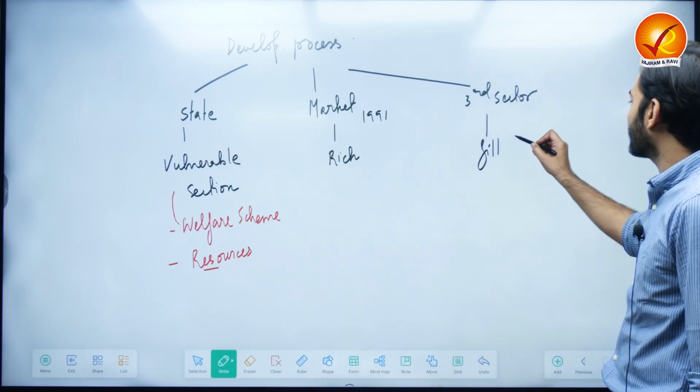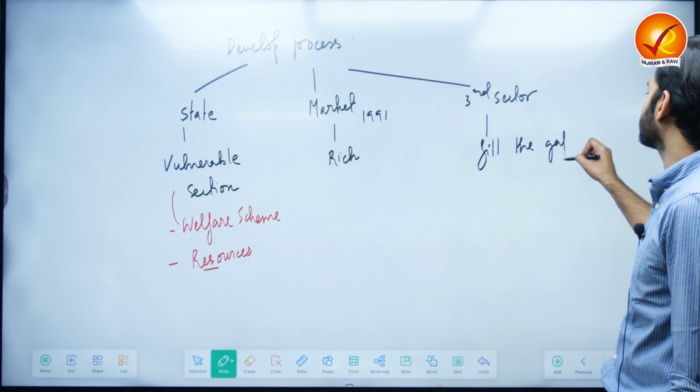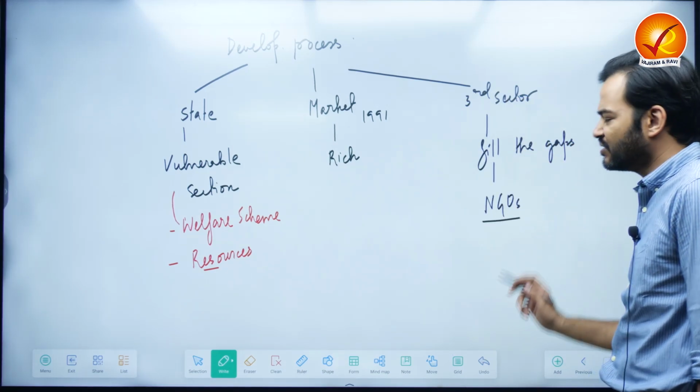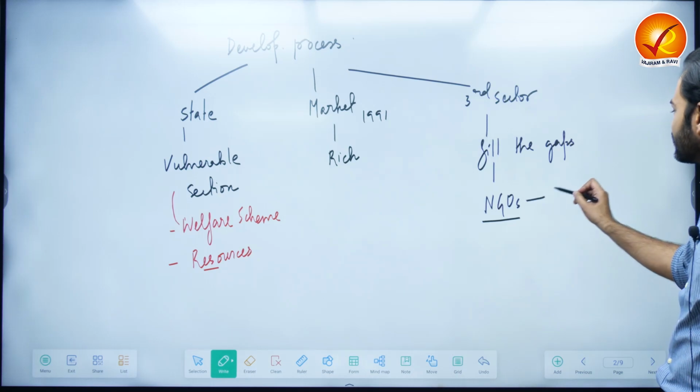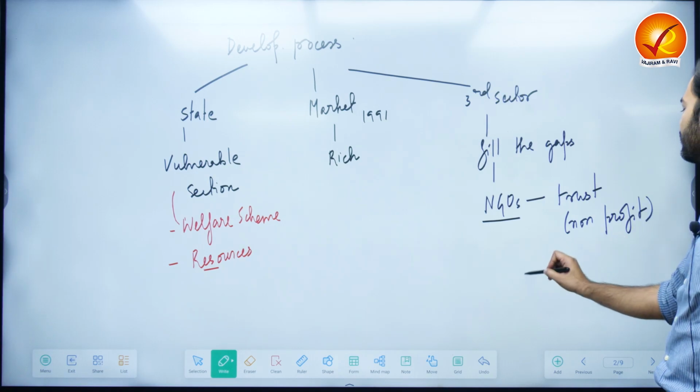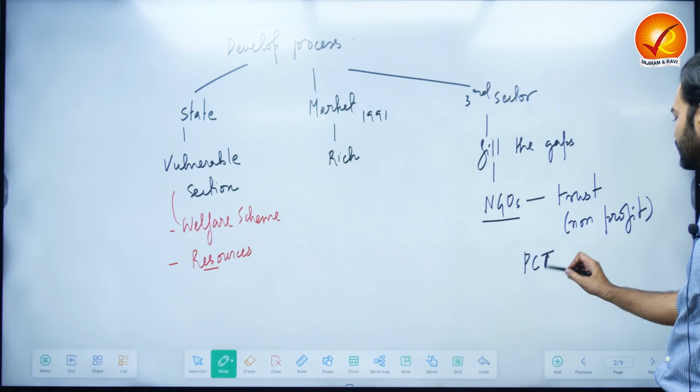To fill the gaps comes the third sector. The third sector includes our NGOs. So NGOs which are registered as trust for non-profit are called public charitable trusts.